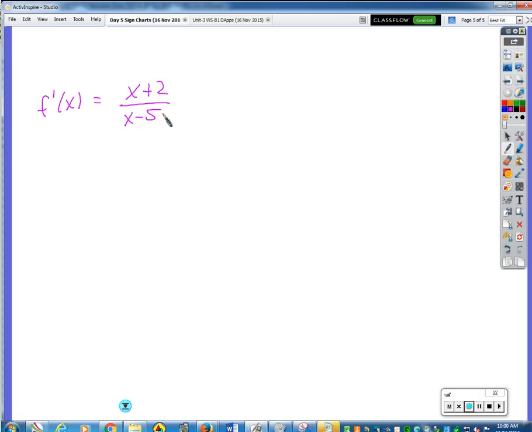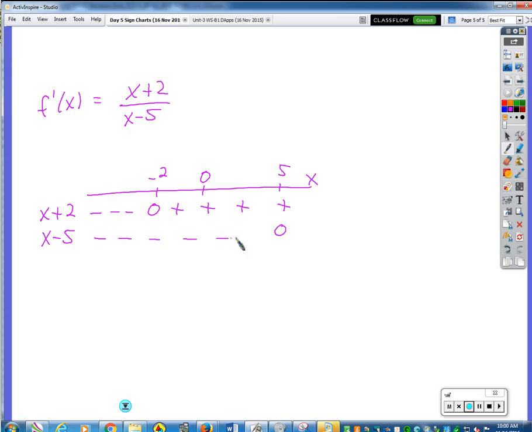I just didn't have room on my paper. So if you have an f prime that looks like this, you go to make a sign chart. Again, we make a sign chart using the factors of f prime. Okay, so now I create f prime. There's a difference though. Everyone get that much written down in your notes. Then look up.